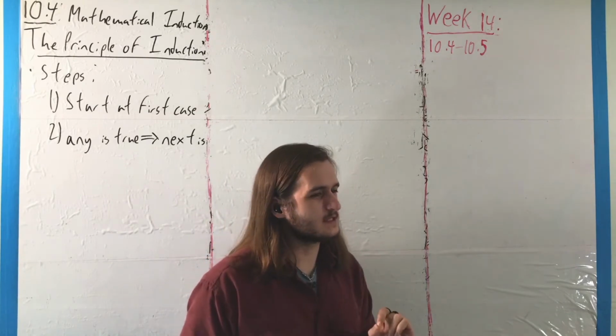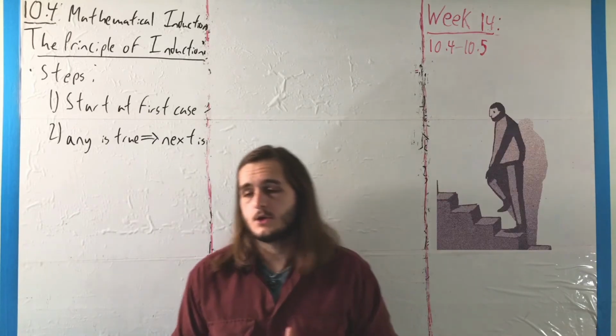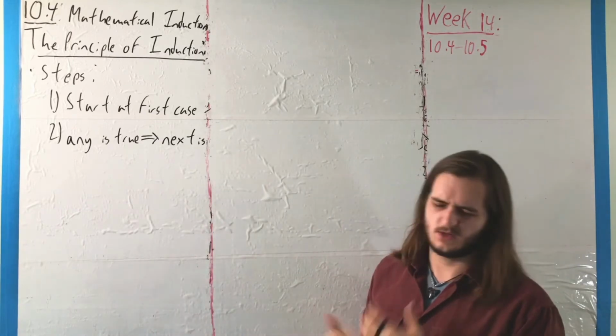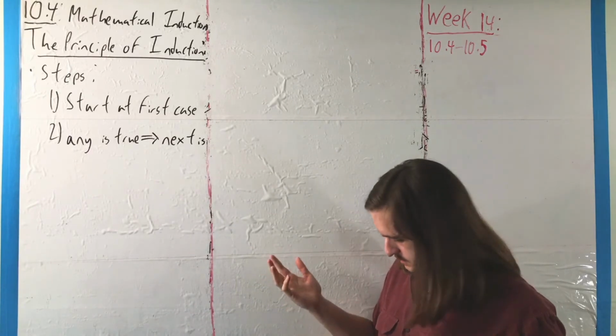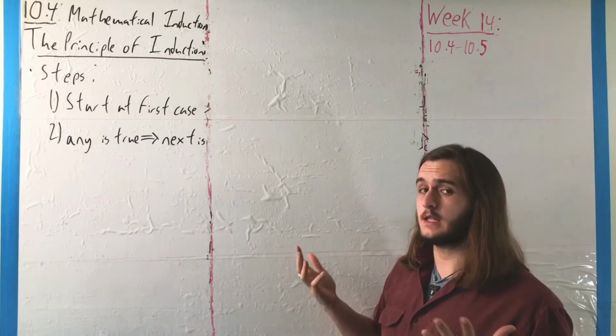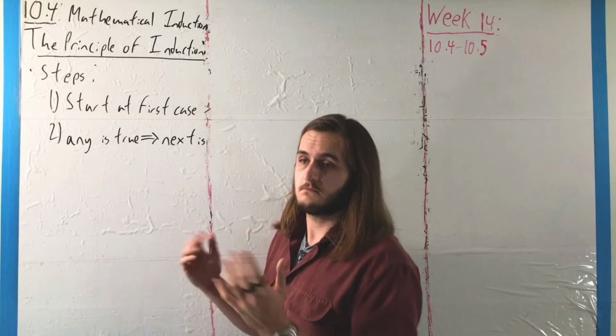But for this, we can think about something like climbing a set of stairs. Let's say you get up to a staircase in the library, and you look at that first step. You can step up onto that first one, right? That's good.